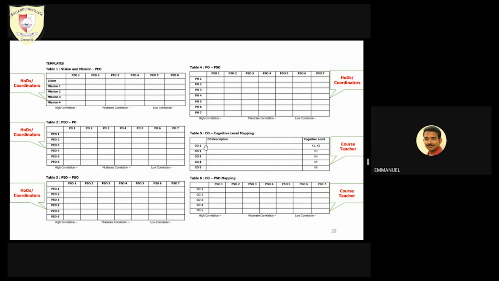Then after framing course outcomes for the courses, these mappings also have to be done: course outcomes with PSOs, program specific outcomes. For example, differential equations and Laplace transforms is one course offered for undergraduate students of mathematics. How do the course outcomes match with program specific outcomes? That is given in this mapping by the experts of that particular course.